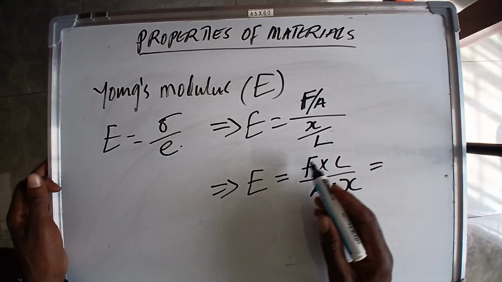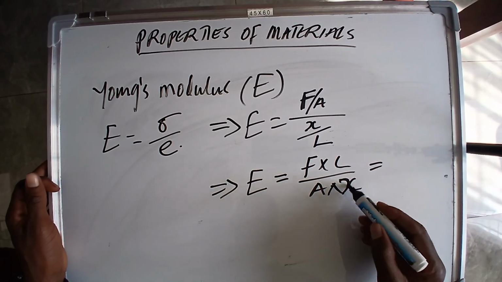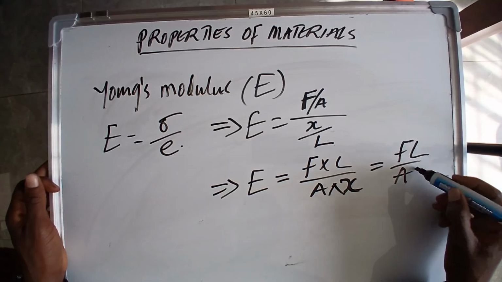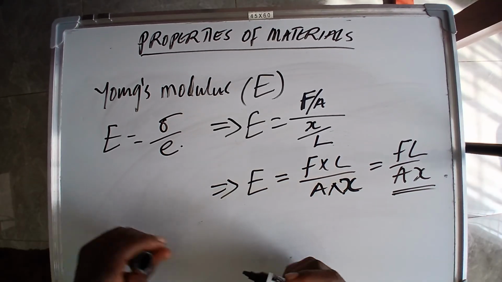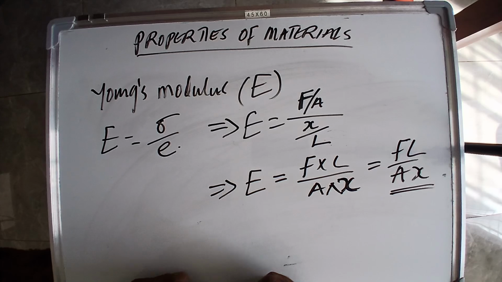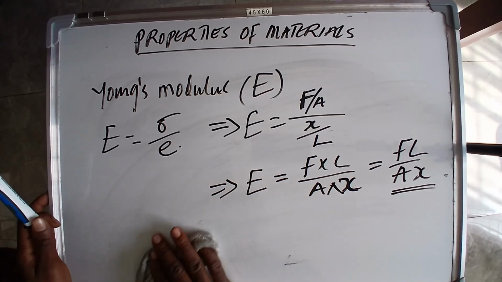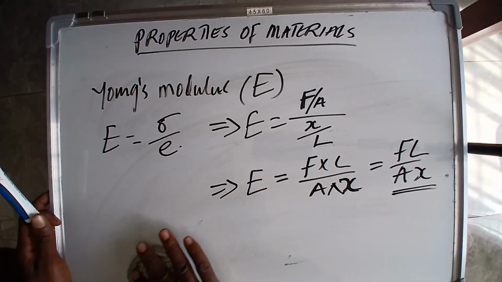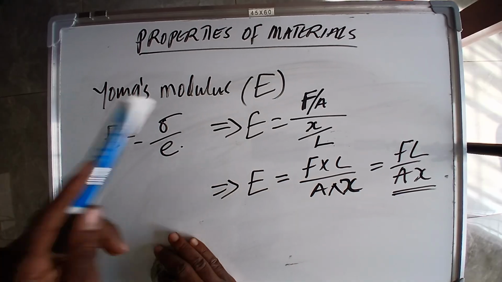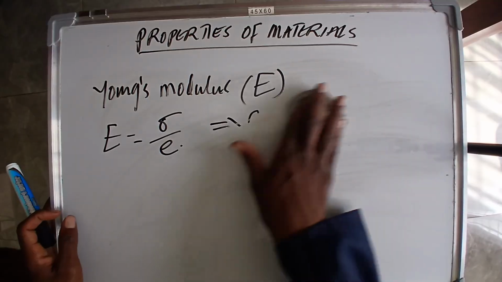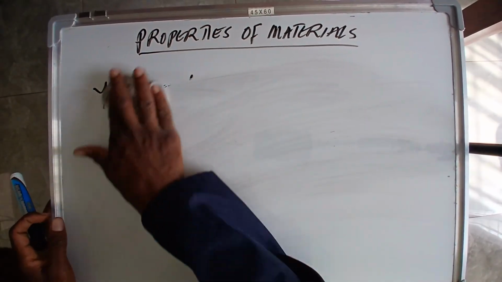Therefore, we can find directly whatever we want, the extension and other things, from FL over AX. So that's Young's modulus. Young's modulus sometimes can be found from the material properties that you have been given.